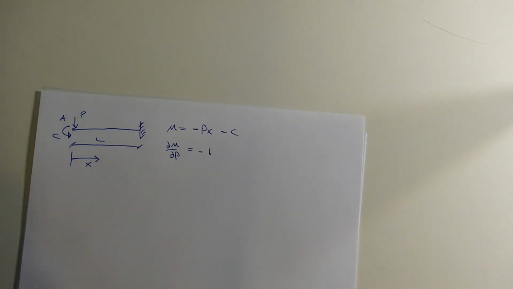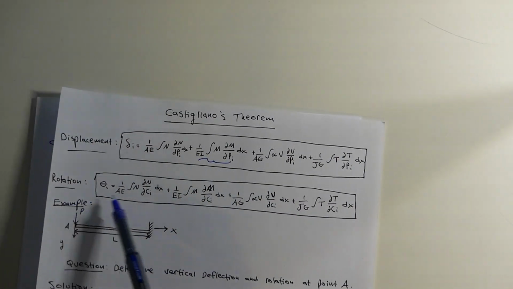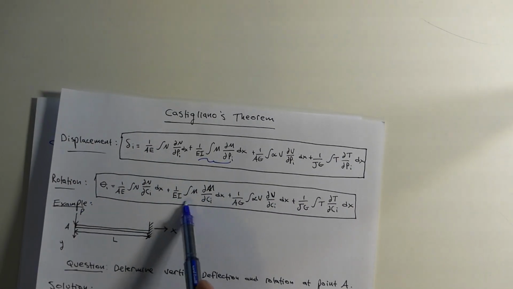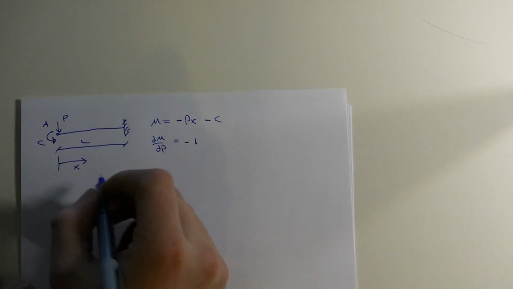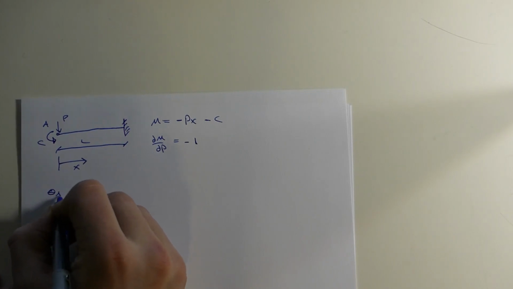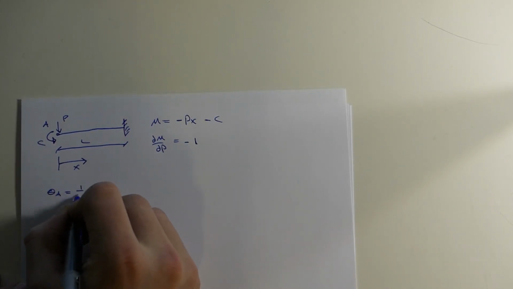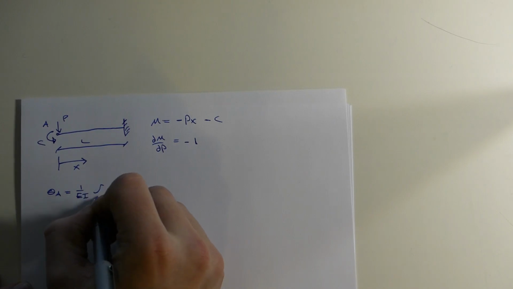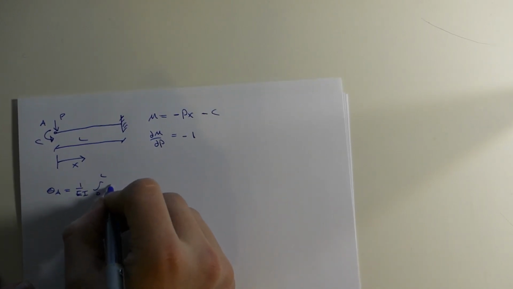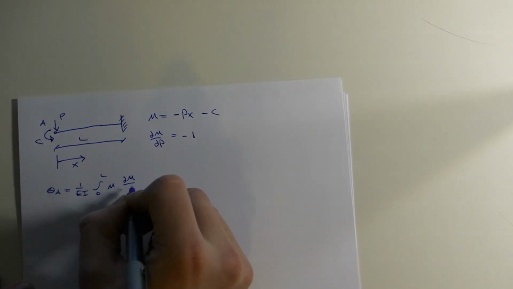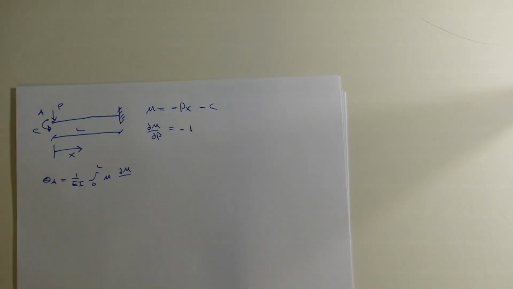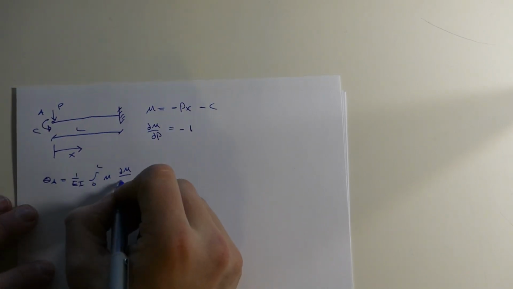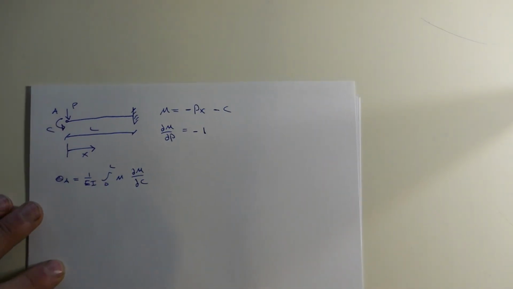And then we're going to plug this back into this rotation equation and just use this because we're just looking at rotation due to bending. So rotation at A is equal to 1 over EI, 0 to L, M times dM over dc.